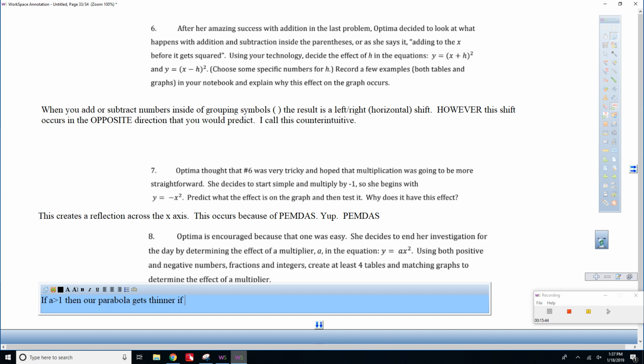If A is less than 1, the parabola gets wider. That's fine. Thicker's fine. Nothing wrong with thick.